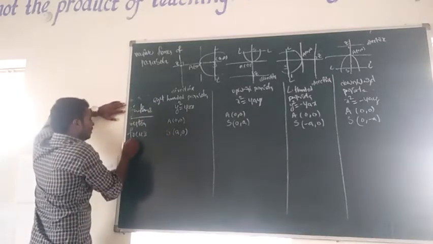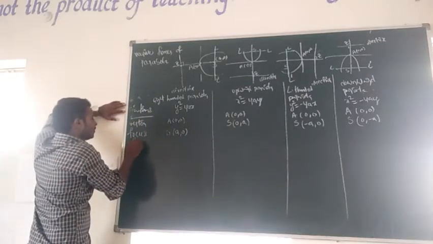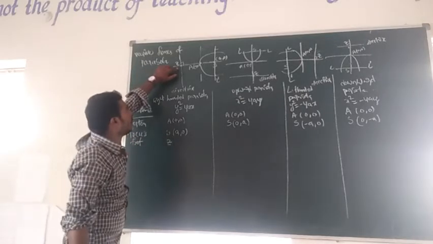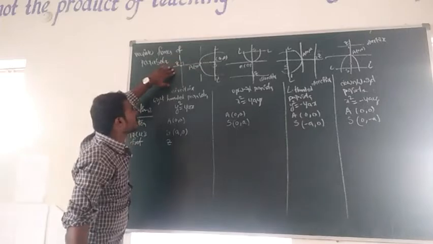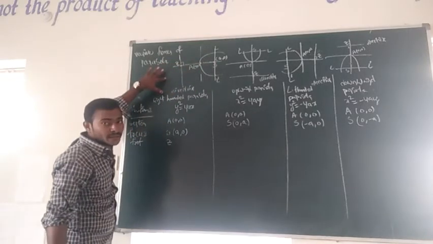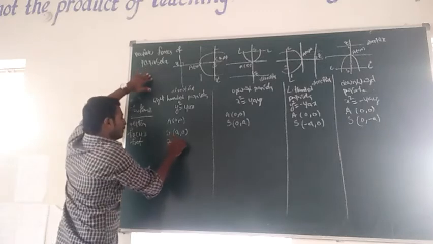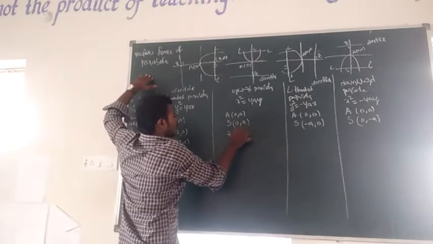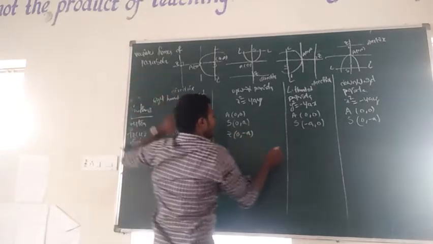After getting the focus, we may take the foot, that is Z. Here Z is the projection of S. Here we take the positive value, and on this side we get negative, that is minus a comma 0, and here also 0 comma minus a.